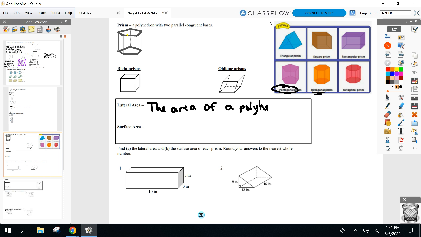Remember we talked faces earlier. Excluding the bases. We are not going to count the bases.